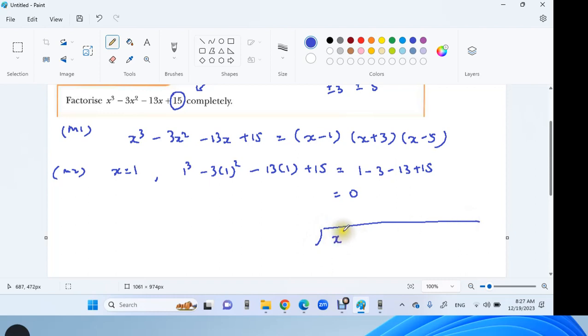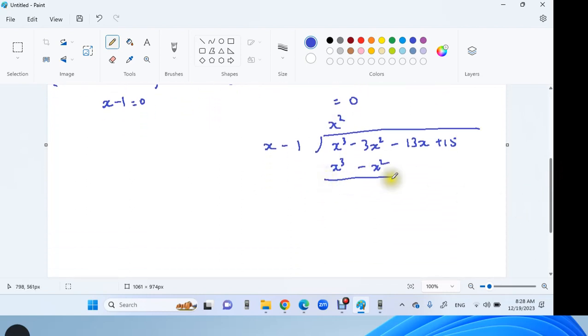We have x cubed minus 3x squared minus 13x plus 15 divided by x minus 1. Since x equal to 1 is a root, x minus 1 is one of the factors. So we do the long division: x squared, then we have x cubed minus x squared.